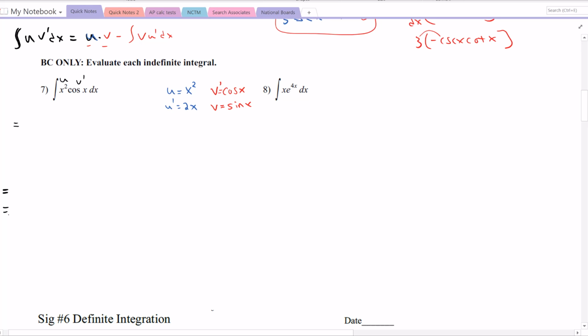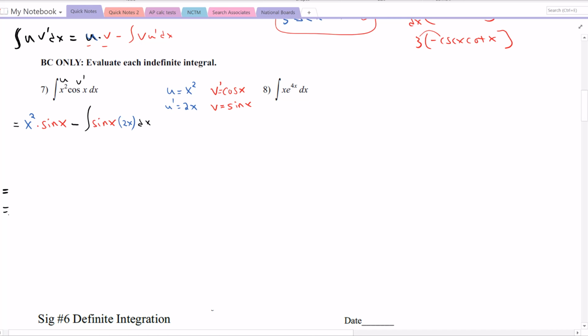If I integrate that, I get u times v, right? So that's x squared times sine x minus the integral of v, which is again sine x, u prime, which is 2x, and we're integrating that with respect to x.